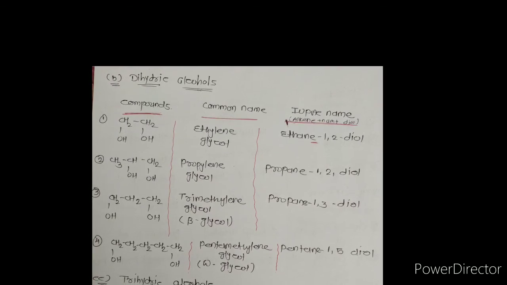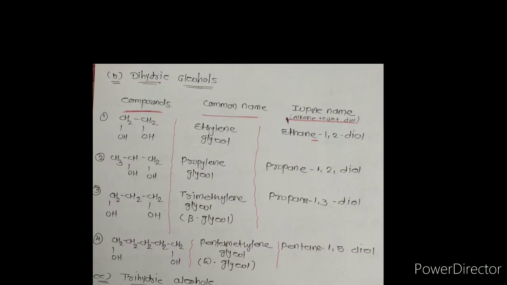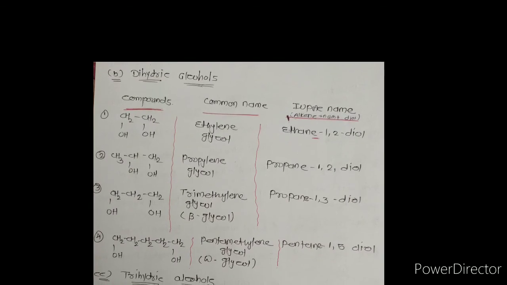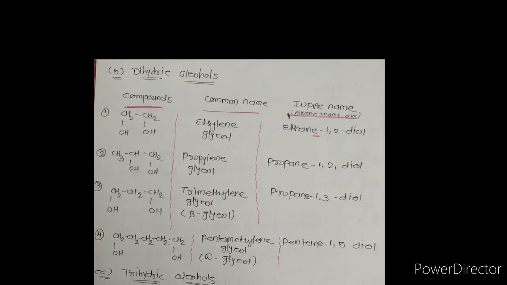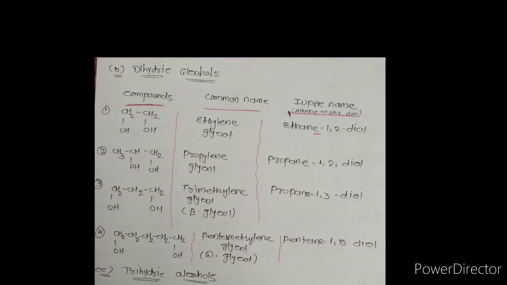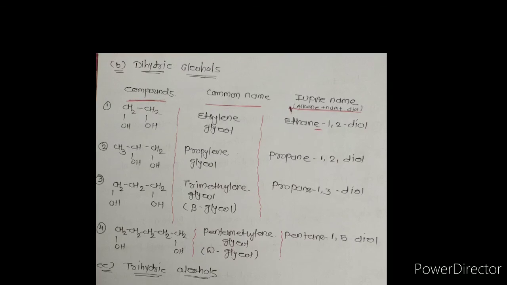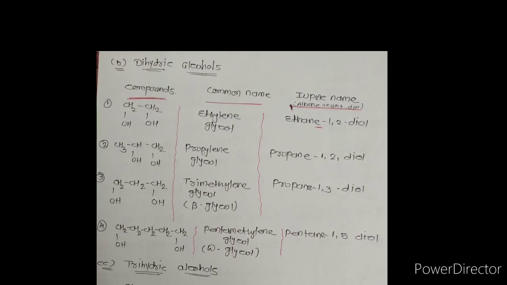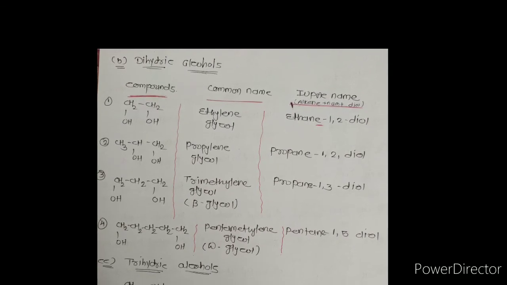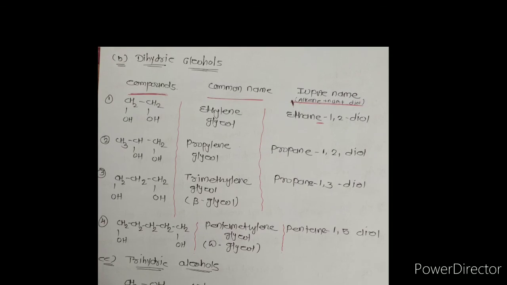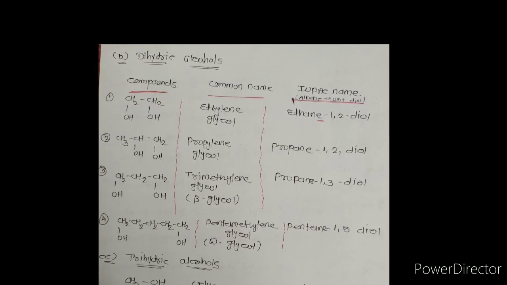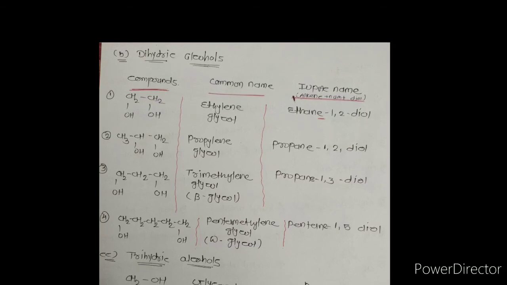Here two carbons are there, hence it becomes ethylene glycol. For its IUPAC name, the total number of carbons is 2, hence it becomes ethane. Now the OH group is present on the first and second carbon, hence 1,2-diol. Here the OH group is present 2 times, hence we write diol. So the final IUPAC name is ethane-1,2-diol.